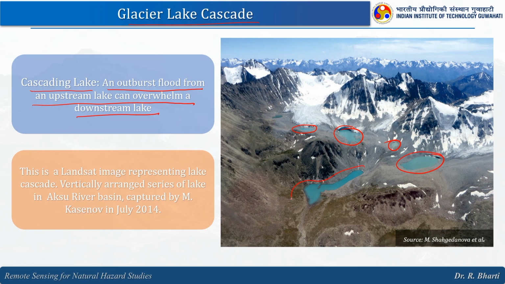Suppose this particular lake is very stable, it is safe, it is not vulnerable to glacial lake outburst, but because of some activity here, this glacial lake may release some amount of water, and this will enter here. This may also trigger these lakes or this will come to this, and then this lake will be vulnerable to glacial lake outburst flood. This is a Landsat image representing the lake cascading effects, right.